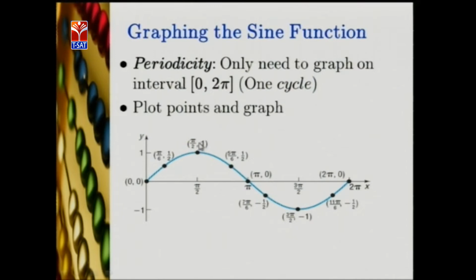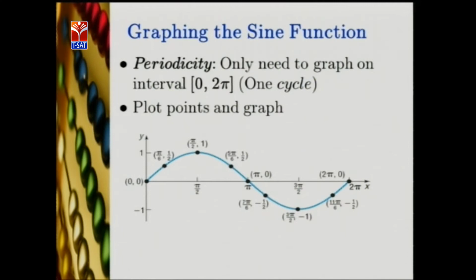Now we can take another point, x equals 180 degrees. The value of sine 180 degrees is 0, so the point comes here. And we can plot a graph in this manner. The graph of the sine function is like this, and we should know the properties of the sine function.